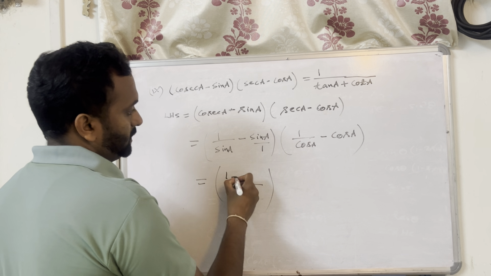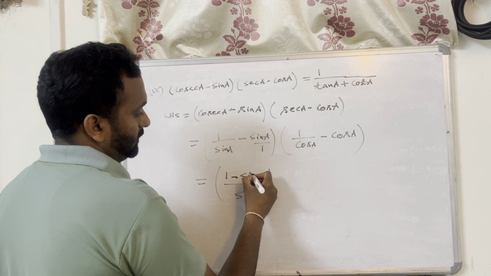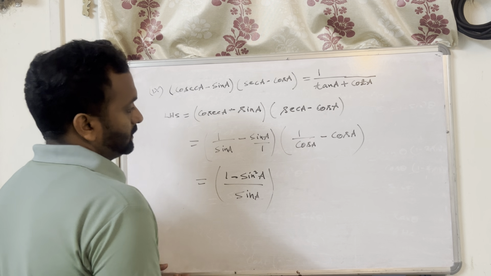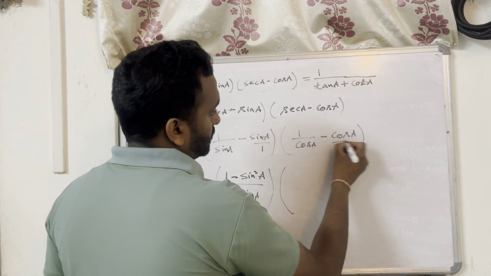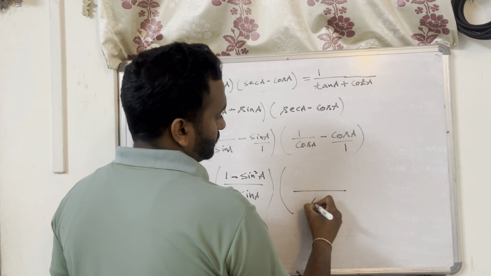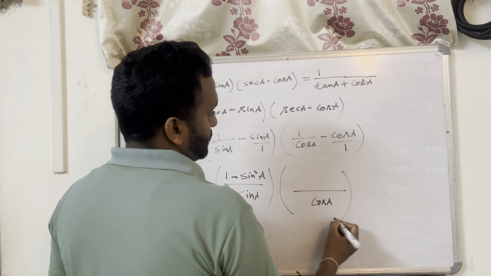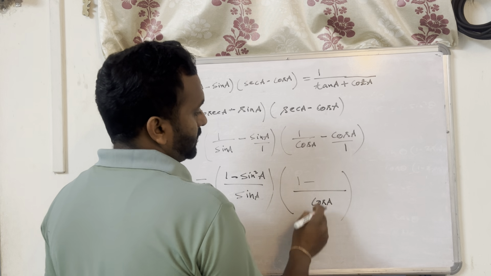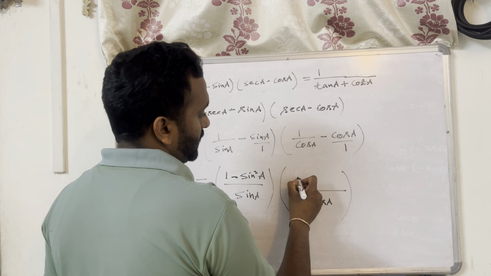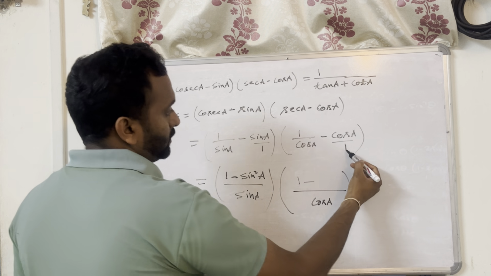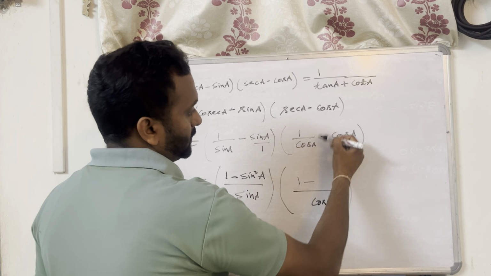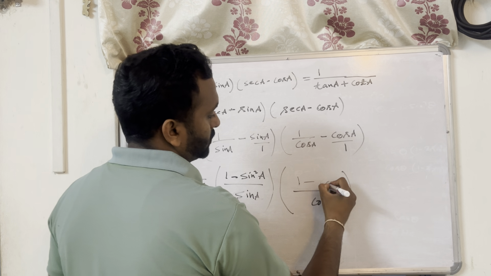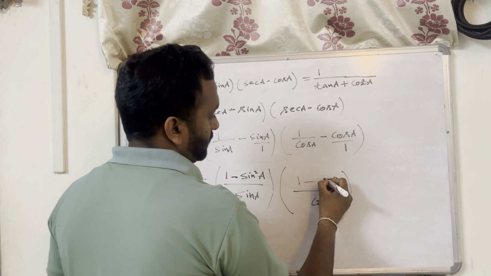Then in the numerator we will be getting how much? 1 minus sin square A. Then here, LCM of 1 and cos is cos A, so since the denominators are same, we'll have 1 only here, and here 1 into cos will be cos, so the numerator will get multiplied with cos, so cos into cos will be cos square A.